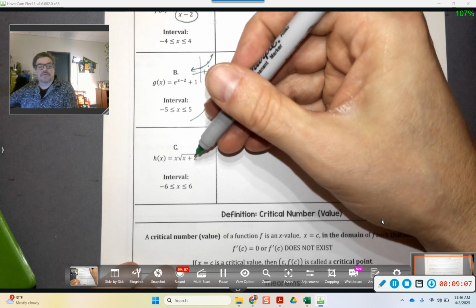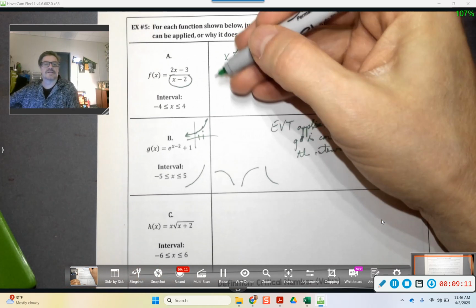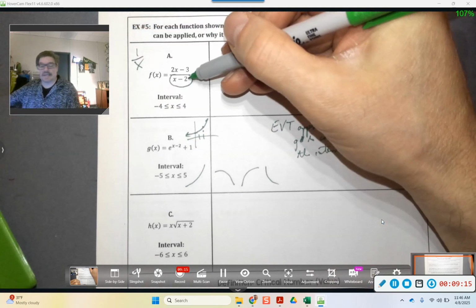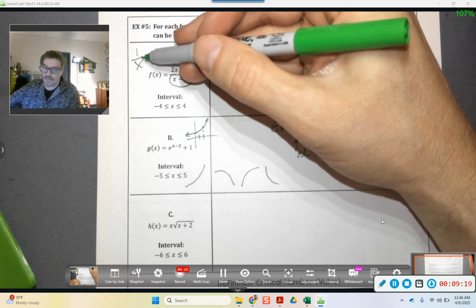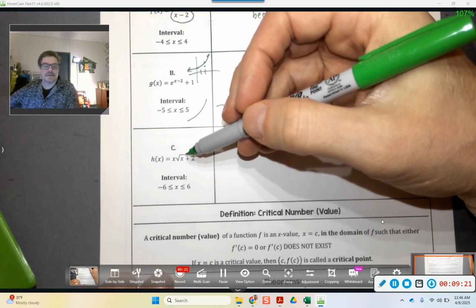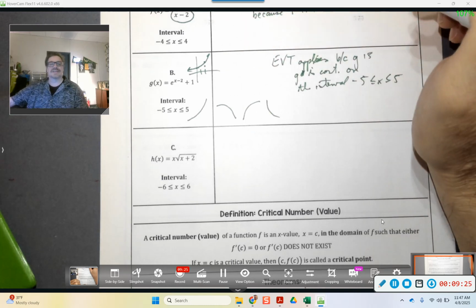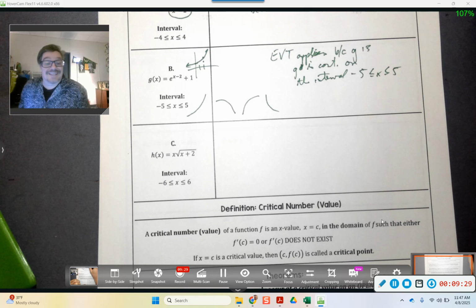All right, this one. Watch out for square roots. Like I was saying, you've got to watch out for domains, because the ones that are 1 over x, in this case 1 over x minus 2, have domain issues. And the ones with a radical sign also have domain issues. So now we just have to determine whether we're going to have a domain issue from -6 to 6.